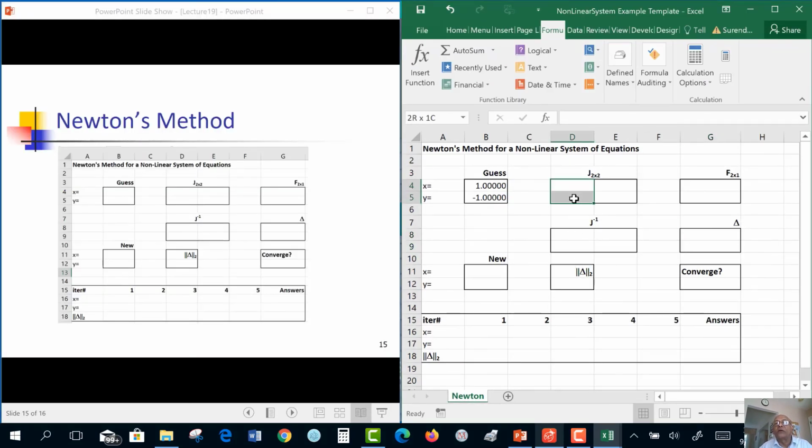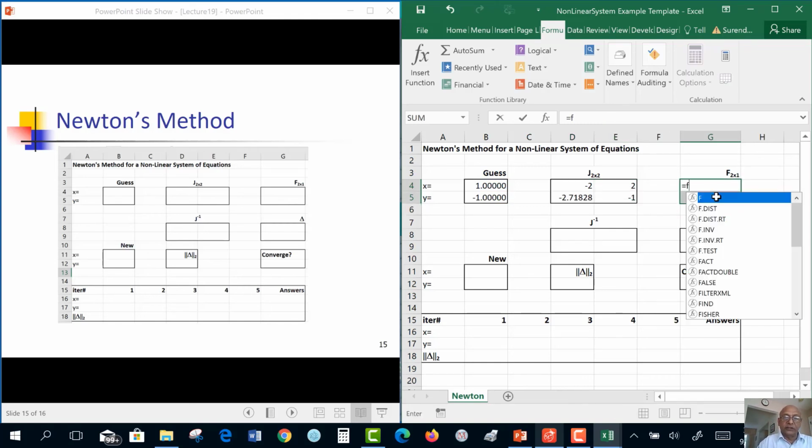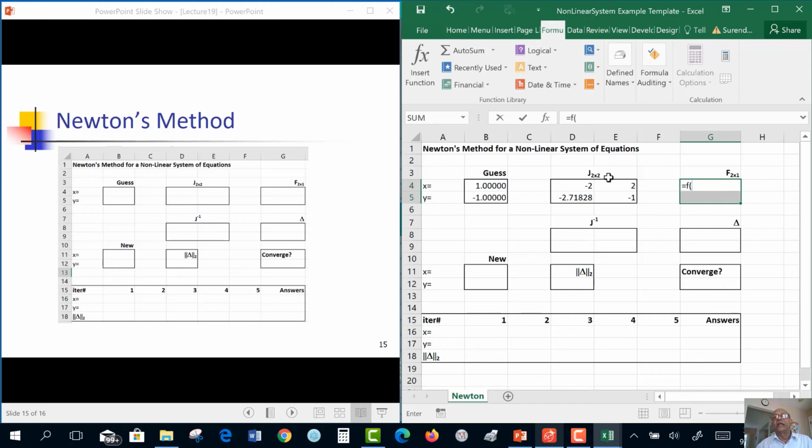Okay, so we are going to calculate this matrix using our Jacobian function, which requires 2 arguments, x, comma, y. Remember, control, shift, enter. Okay, this is our f function. Again, requires 2 arguments, x, comma, y.